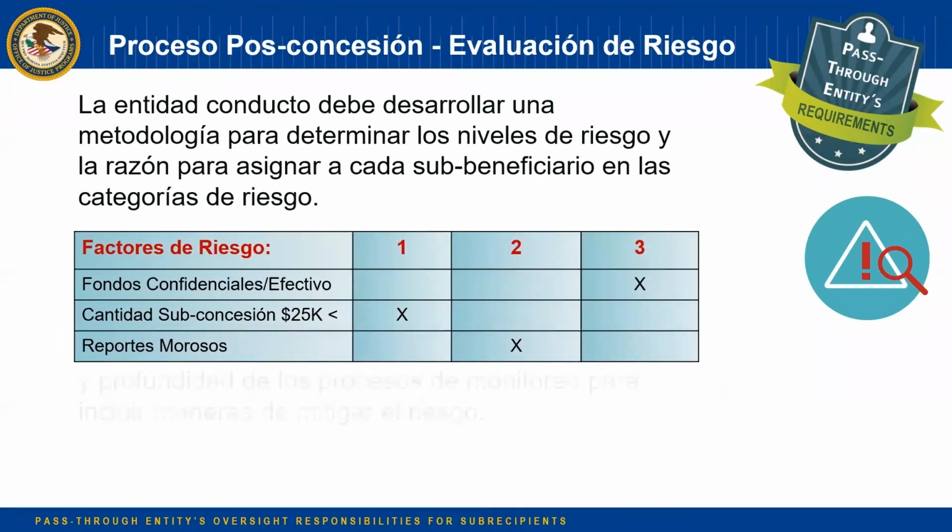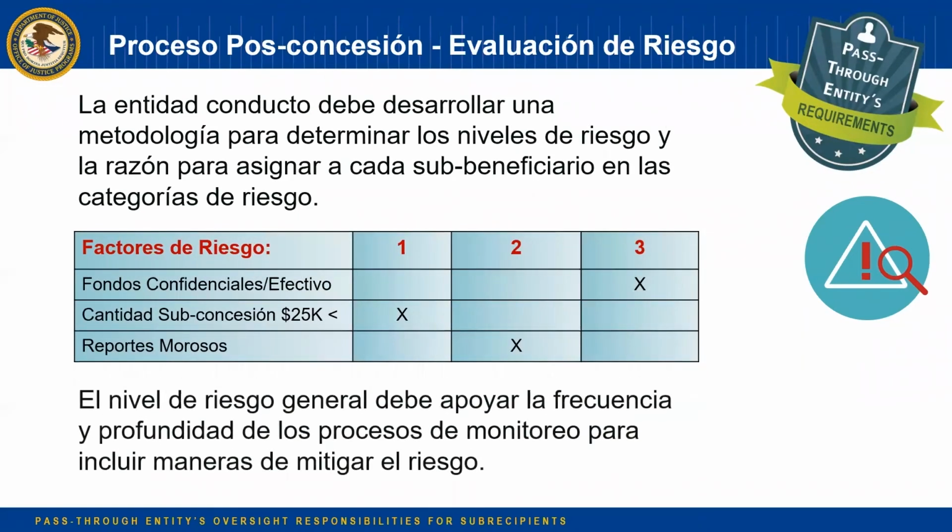Here is an example of what I mean. The pass-through entity should develop a method to determine the risk level. So again, remember when I talked about various types of attributes or risk factors? Here's just a sample of what I came up with. I'm using the number format, 1, 2, 3, with 3 being a high risk.